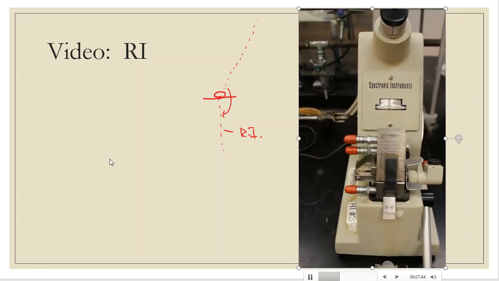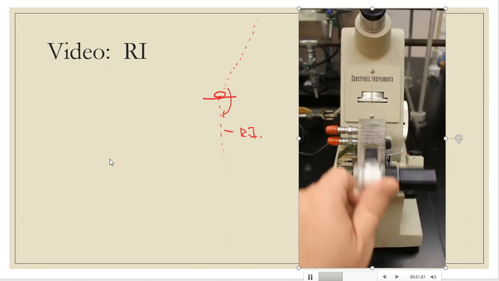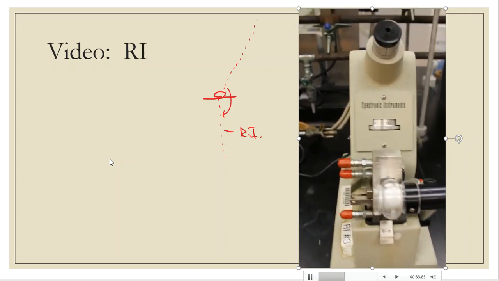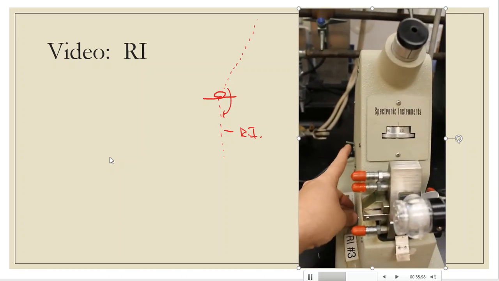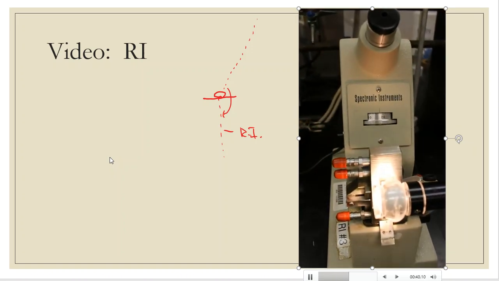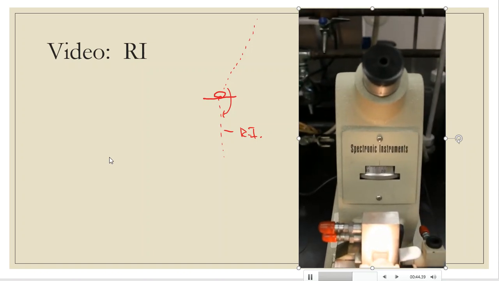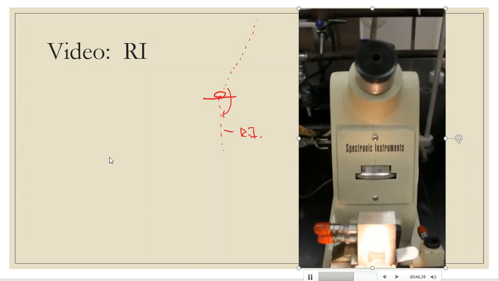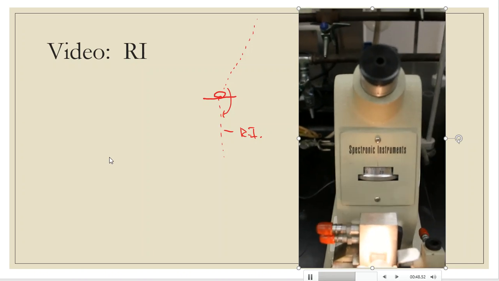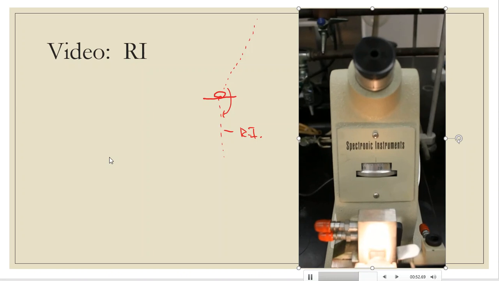I then close this prism back, and I'll take this lamp in the front and I'll raise it up to the prism. To the left hand side, I'll see a flip switch. I'll push down midway. That turns the light on. I'll look through the eyepiece. When I do, I'll see a large light and dark area show up. I want that midway, half light, half dark.